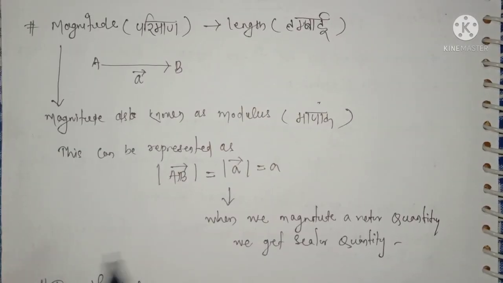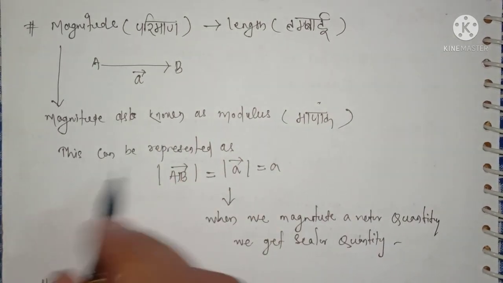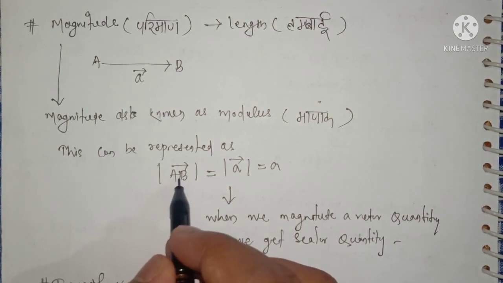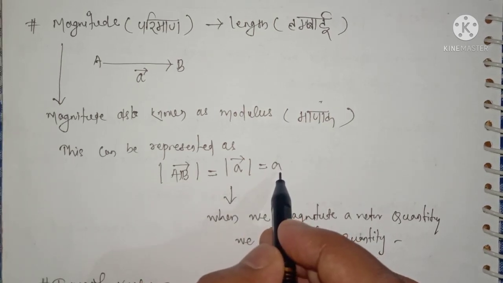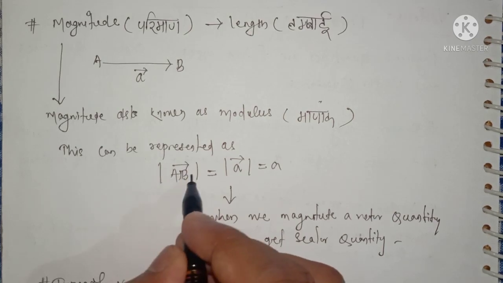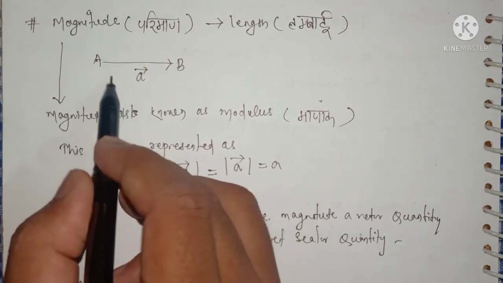So students, there is an important note, please note it down. If we take the magnitude of a vector, then we will get a scalar. So the magnitude of AB vector is equal to AB, as you can see here.